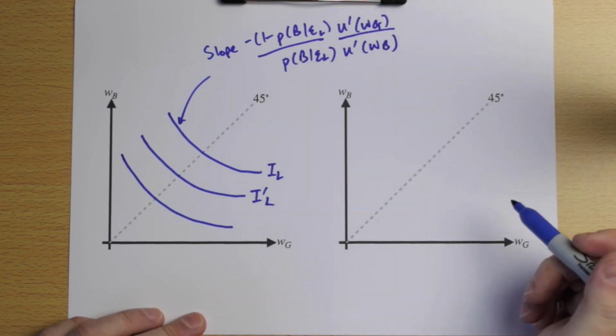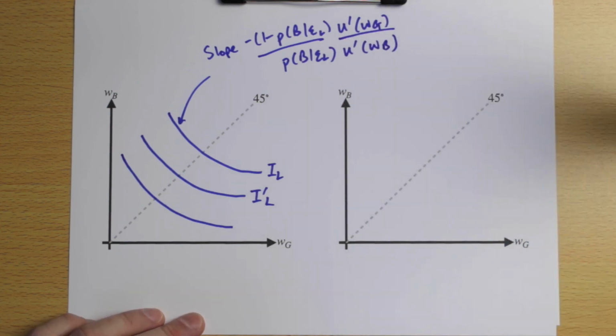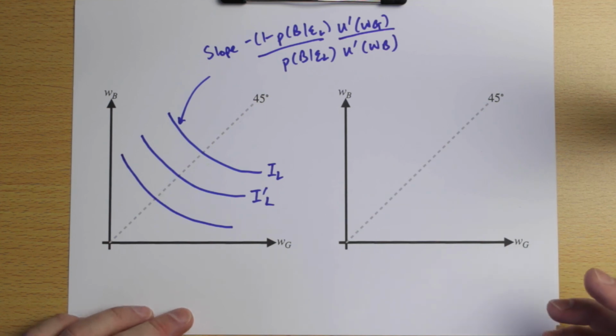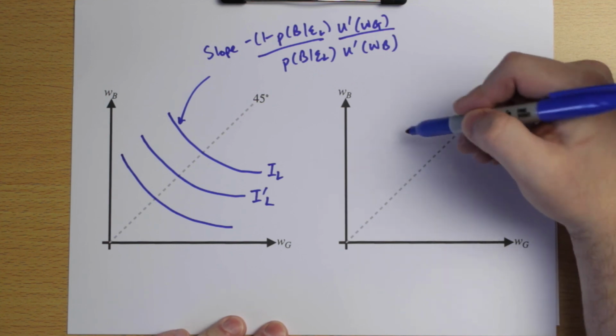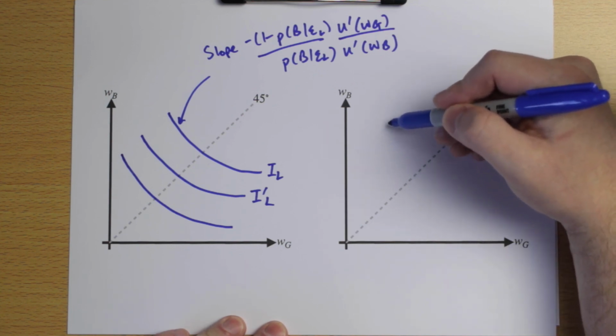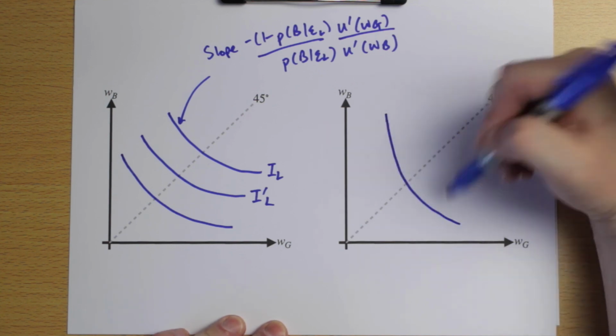Okay, so that's the slope of the employees'. I keep saying types. It's not a low effort type. It's when an employee chooses to put in low effort, their indifference curves become flatter, and when they choose to put in high effort, their indifference curves become steeper. So maybe they look something like this.